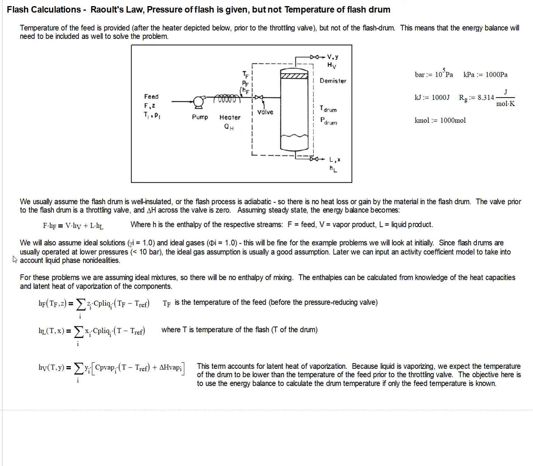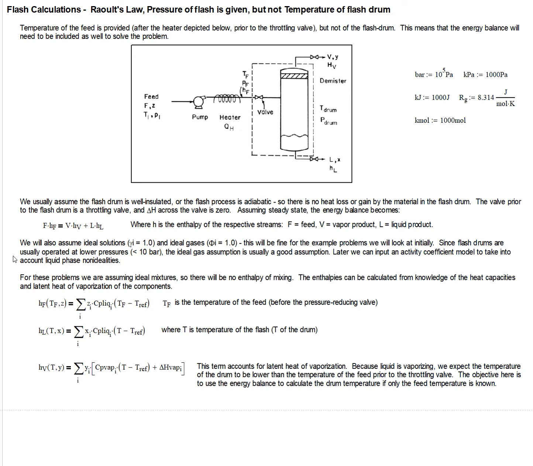For these problems, we're also going to assume that we have ideal solutions and ideal gases, and so this means that Raoult's law is valid. And so what that means is that the fugacity coefficient is equal to 1 and the activity coefficient is equal to 1. And this is usually valid for flash drums when we're dealing with somewhat well-behaved components, because we're usually dealing with lower pressures.